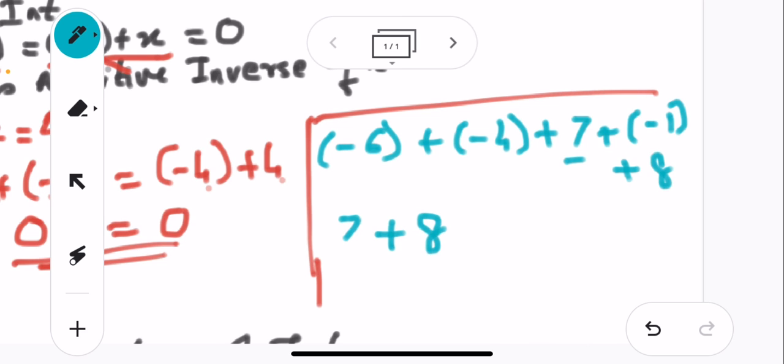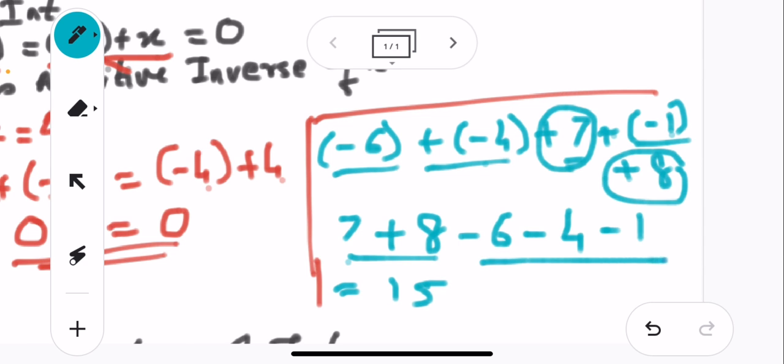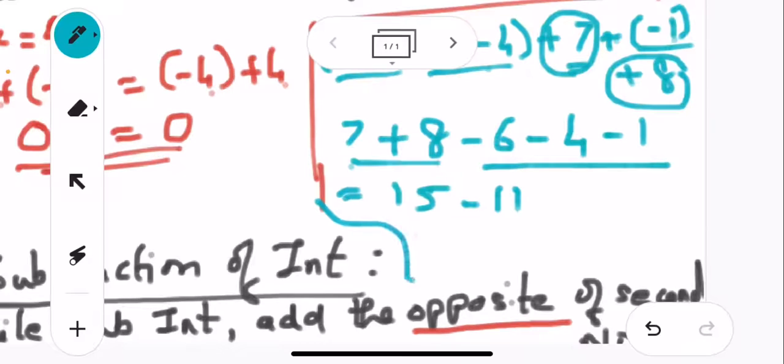So these are positive integers, so I have taken the positive integers on one side, then minus 6, minus plus becomes minus, so minus 4, and this remaining minus plus again becomes minus 1. So now this 7 plus 8 is 15, and all of them become minus 11. So this is equal to 4. So this way you will be solving a few examples from your textbook.